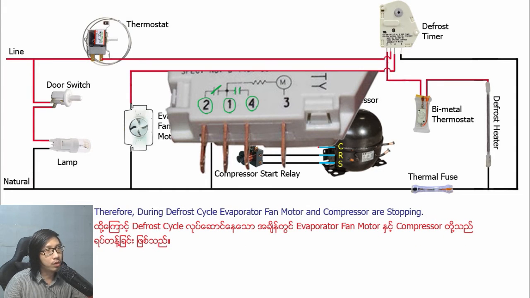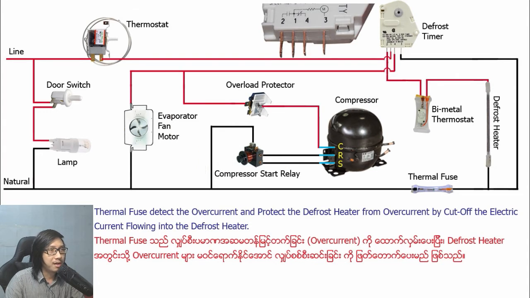Therefore, during the defrost cycle, the evaporator fan motor and compressor are stopped. The thermal fuse detects the overcurrent and protects the defrost heater from overcurrent by cutting off the electric current flowing into the defrost heater.